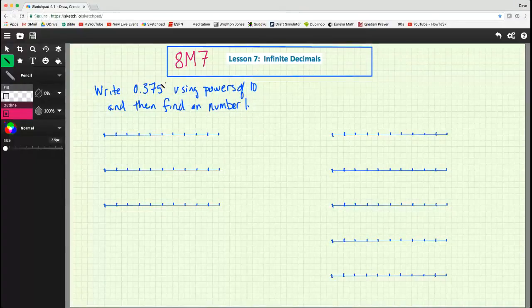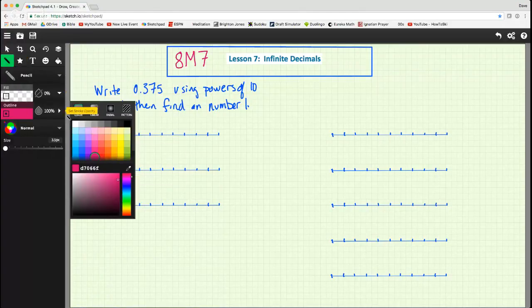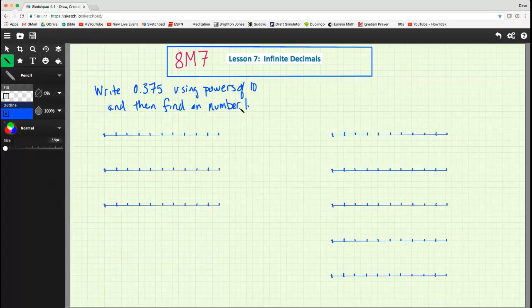So we're going to learn to write 0.375 using powers of 10, and then find it on the number line.